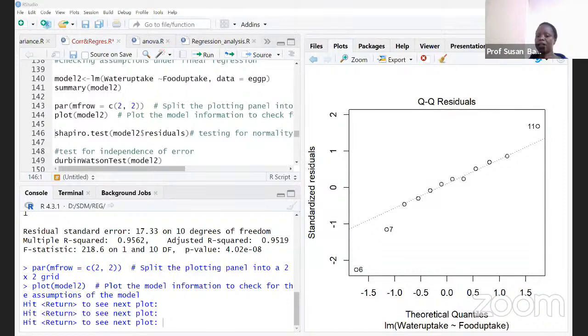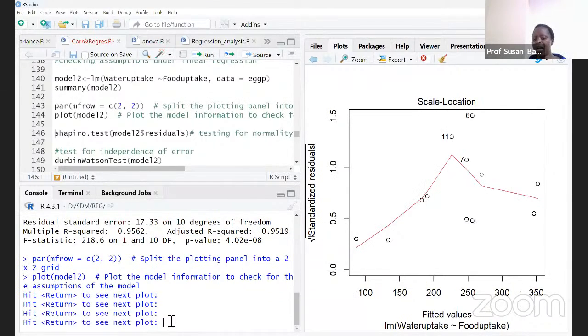The next plot is a scale-location plot. It is the square root of standardized residuals versus fitted values. It also tests for constant variance and highlights some observations as outliers.